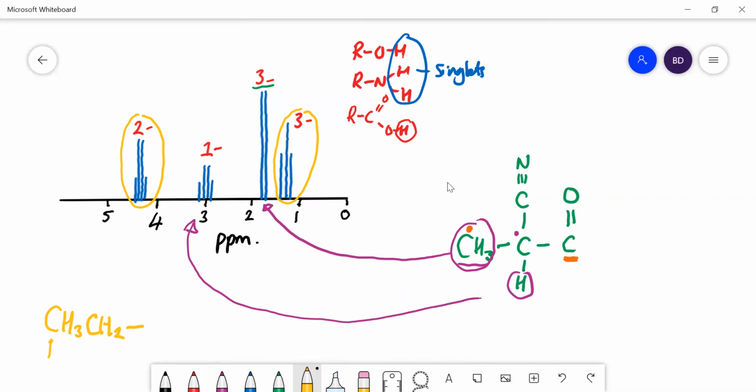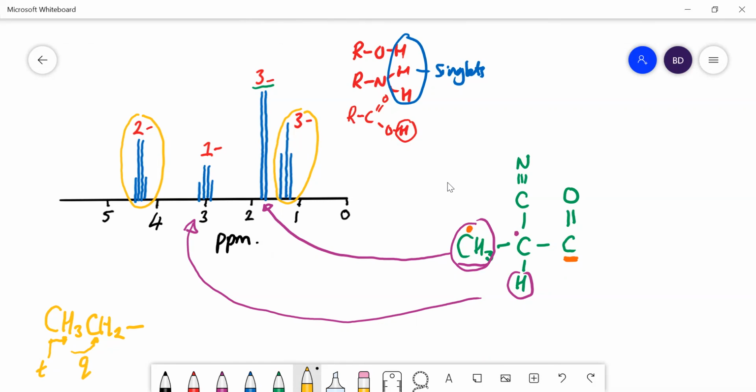These protons here, 3 of them, integrated value 3, and on the carbon next door you've got 2 hydrogens, so that's going to be a triplet, whereas for these 2 hydrogens here, on the carbon next door you have 3, so that's going to be a quartet.